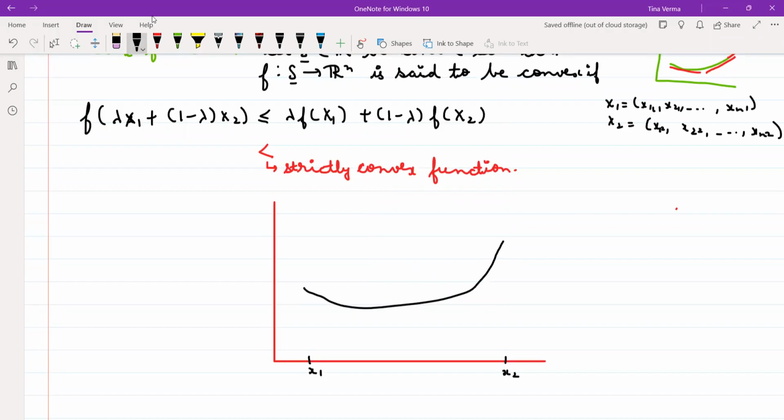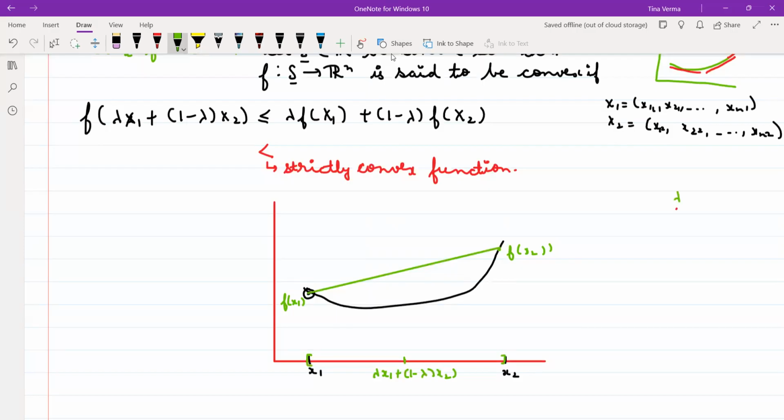So you can see that this is the value at f(x1), and this is the value at f(x2). Now if I join them by a line, the value at x1, this is x2, the value lambda x1 plus (1 minus lambda) x2, obviously it will be somewhere at this point, because it is a line.